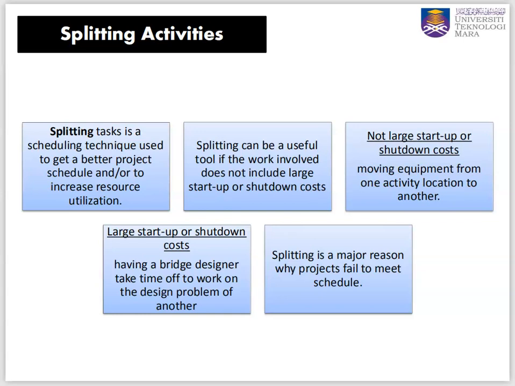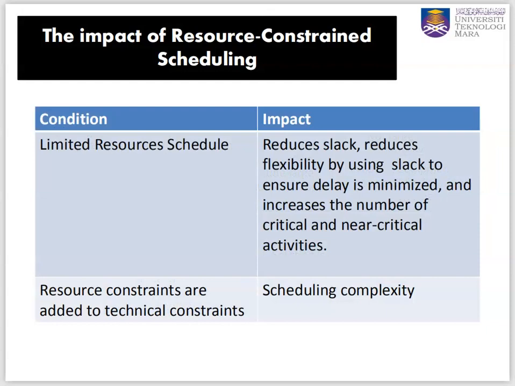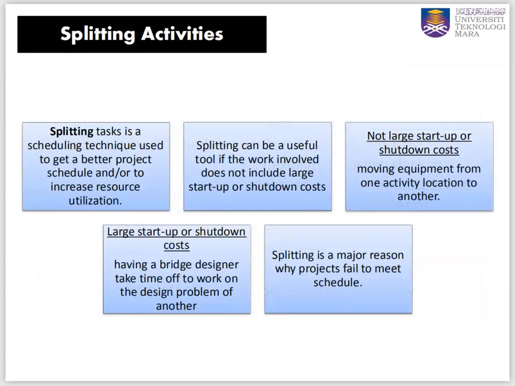So we have already done our time constraint scheduling and resource constraint scheduling. Now let us have a look at splitting activities, another technique to manage our resource constraint or time constraint, which is by splitting the activities.